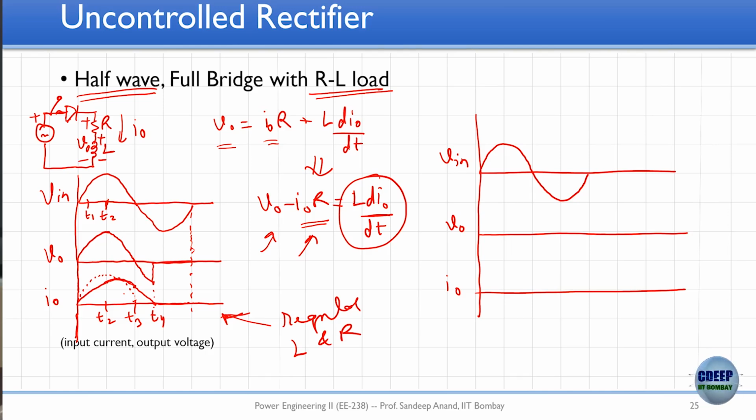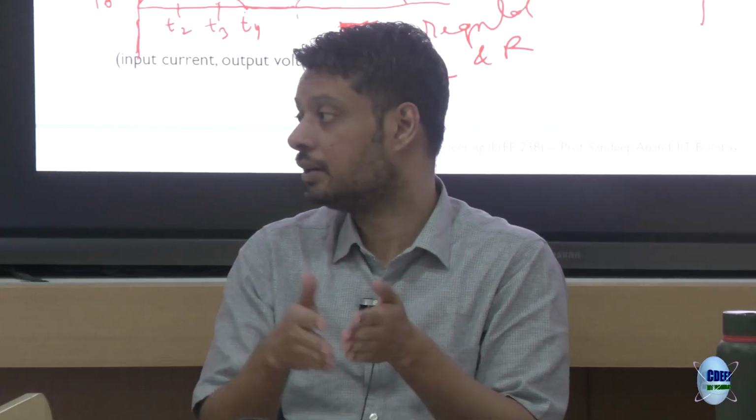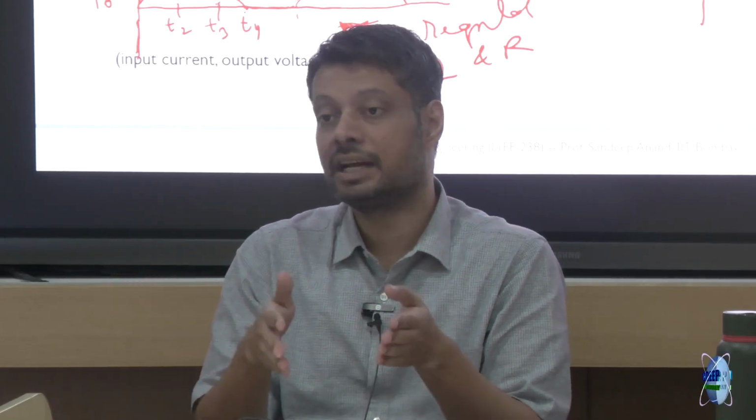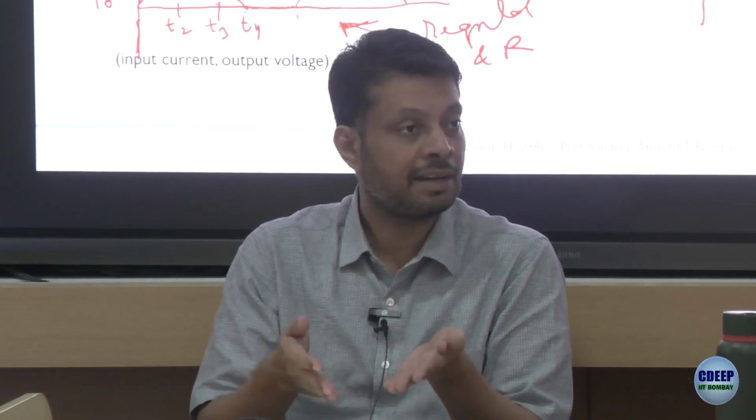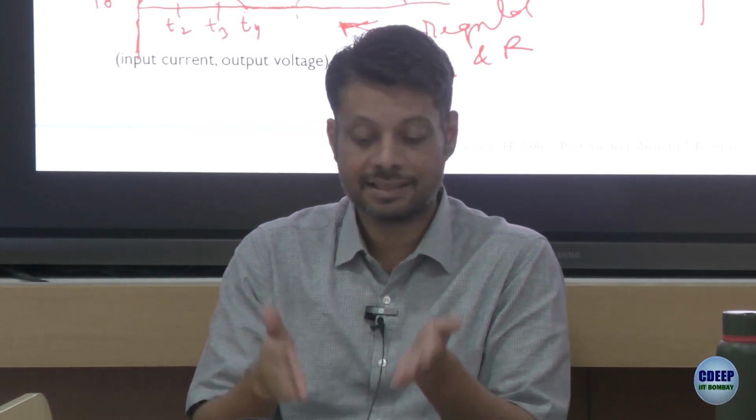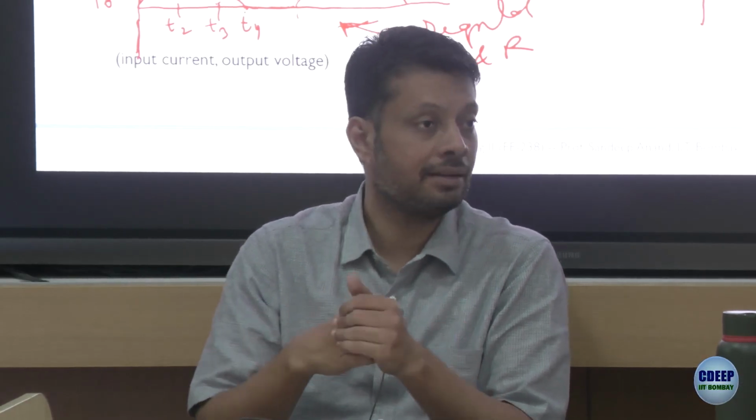In fact, if I draw it for multiple cycles, you would see that of course I0 is repeating at the same rate as V in. If I draw multiple cycles, you will see that I0, or V0 for that matter, is repeating at the same rate as V in.